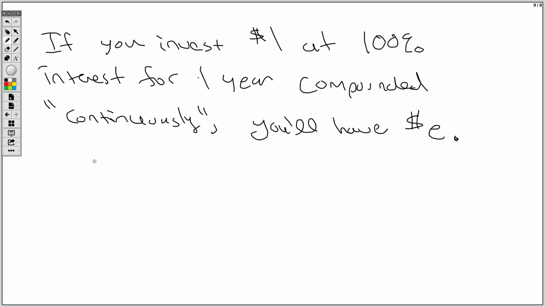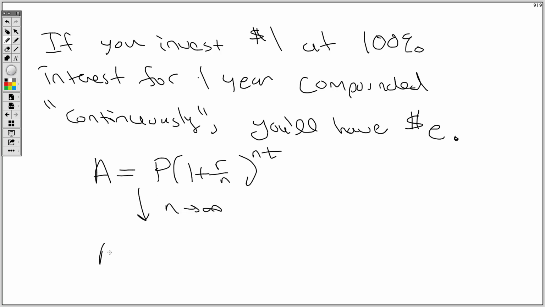And this is something we do in calculus. We can take our compound interest formula and we can let n go off to infinity, and we get a compound interest formula where the things are compounded continuously.